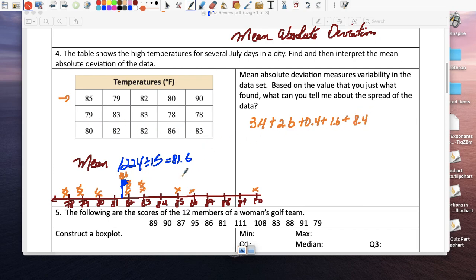And then 79 will be 2.6. And then 83 will be 1.4. 1.4 again.